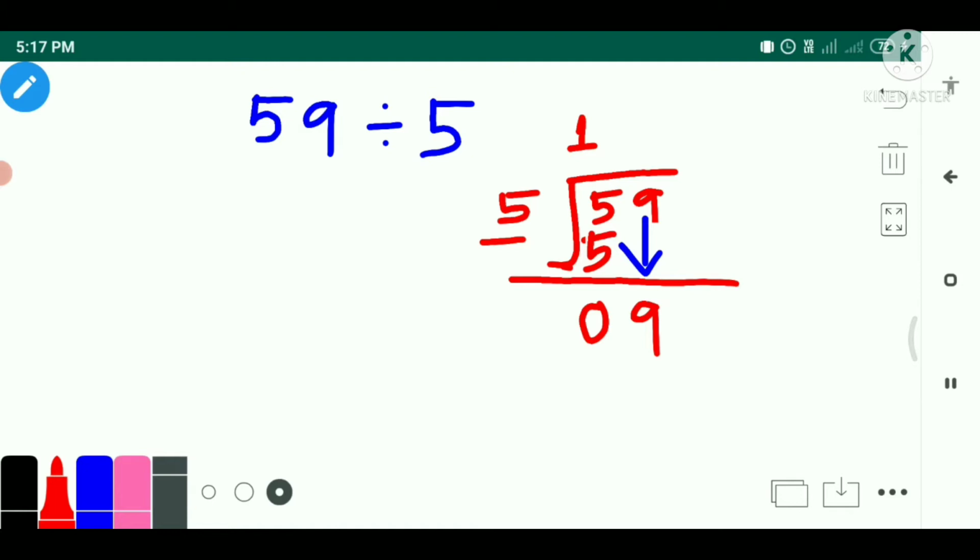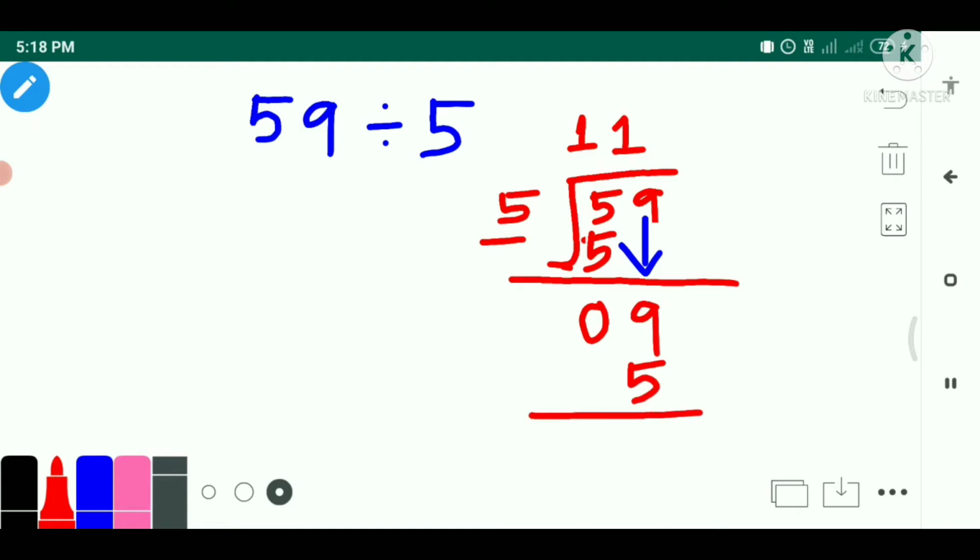Now again we'll see the multiplication table of 5 and find out if 9 is there or not. If 9 is not there, which number is slightly smaller than 9? 5 ones are 5, 5 twos are 10. Now 10 is bigger than 9, right? So we'll choose 5 ones. We'll write 1 again here and write 5 here.